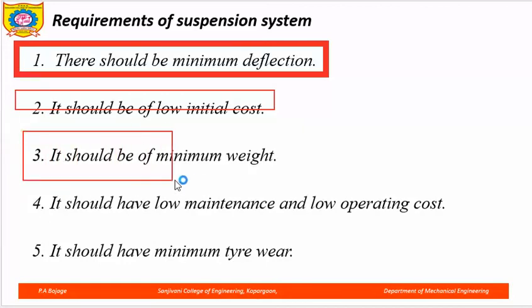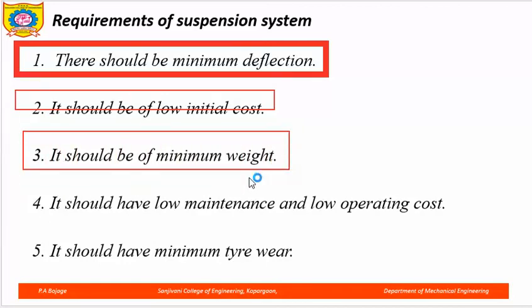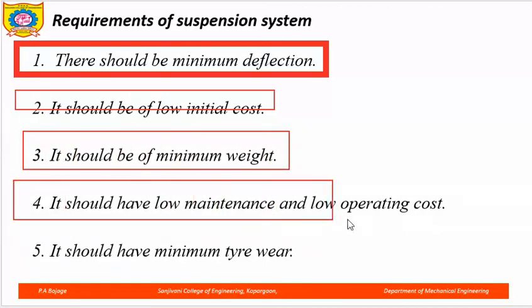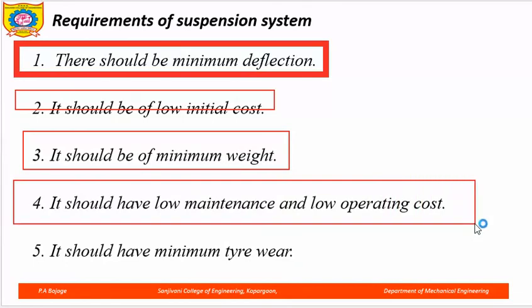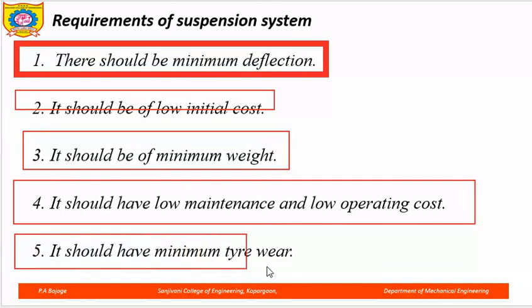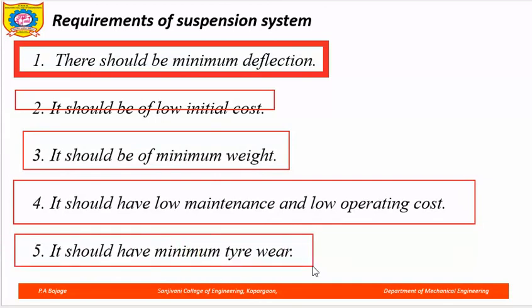Its weight should be minimum. It should have low maintenance and low operating cost. So, maintenance is also one of the parameters. It should be as low as possible. And the most important thing, it should have minimum tire wear. Otherwise, the tire life will reduce if it impacts the tire performance.